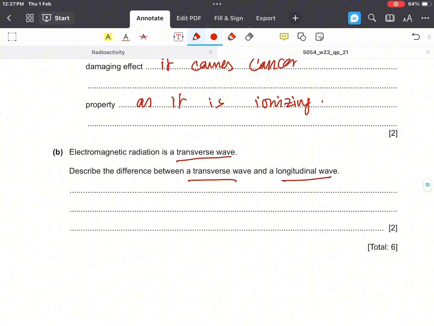Electromagnetic radiation is a transverse wave. State the difference between transverse and longitudinal waves, so transverse we have to define.